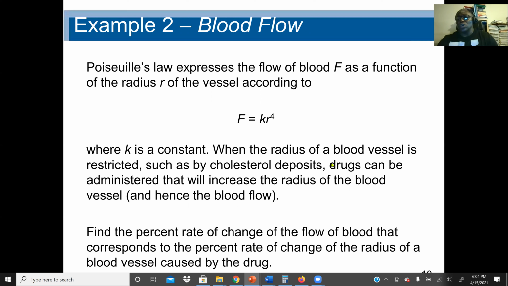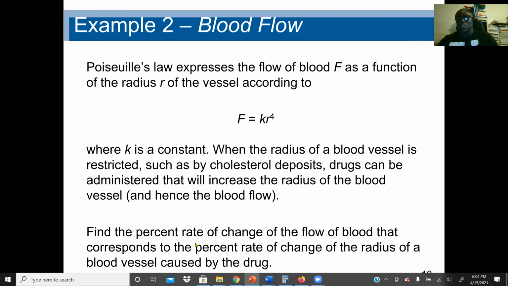When the radius of a blood vessel is restricted, such as by cholesterol deposits, drugs can be administered that will increase the radius of the blood vessels and hence the blood flow. We can see from the model that if the radius of the vessel is less, the blood flow also decreases. So that's why when the cholesterol level is very high, we take drugs to remove it.